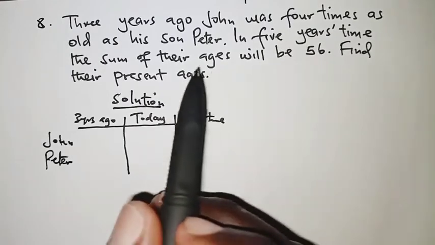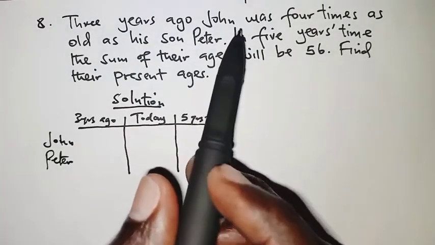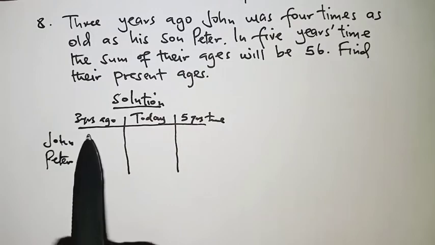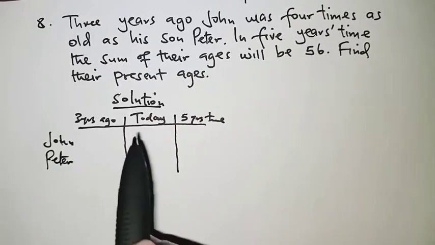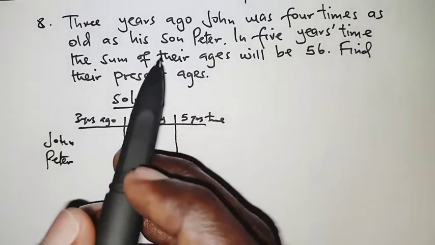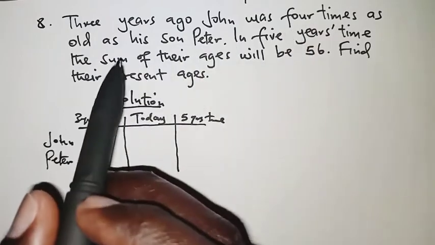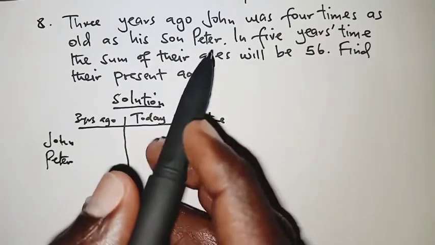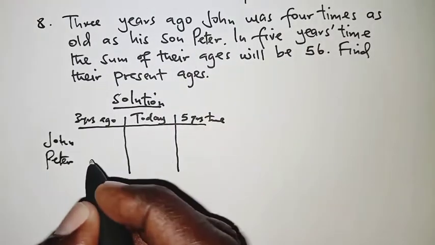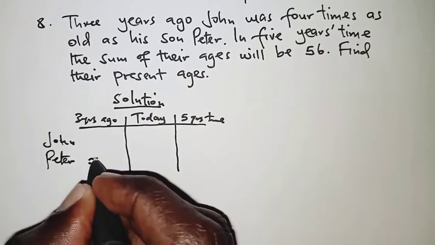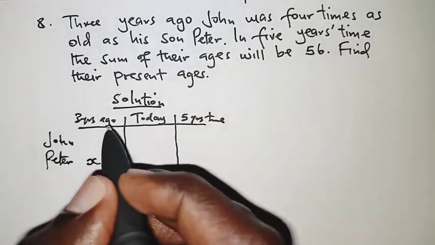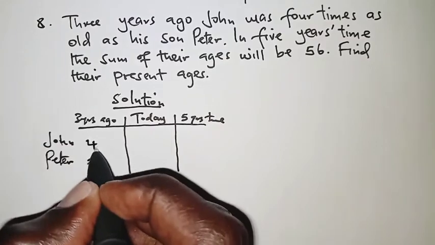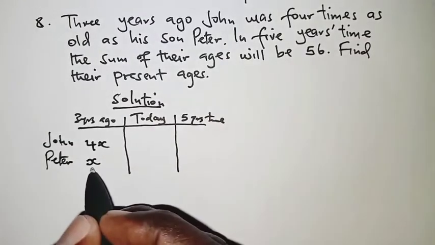So we're told 3 years ago, so that forces us to travel to 3 years ago. So 3 years ago, John was 4 times as old as his son Peter. So if Peter is x, then John is supposed to be 4 times as old as Peter.